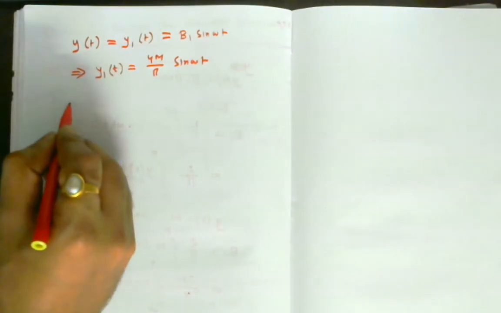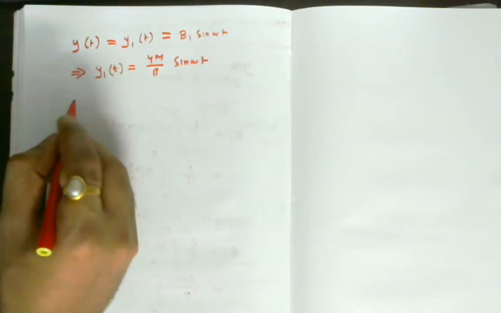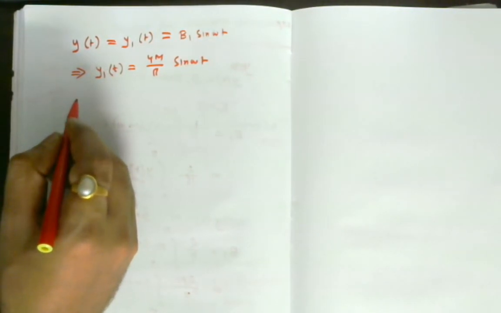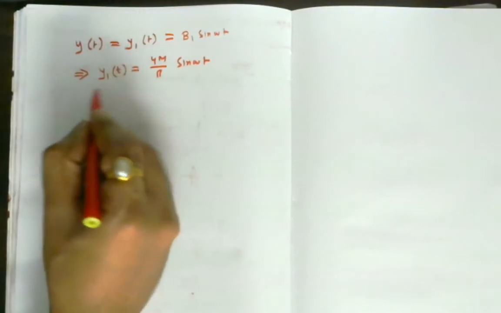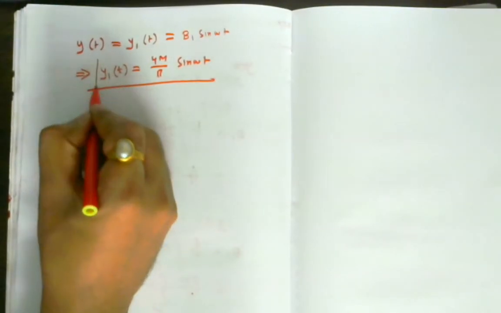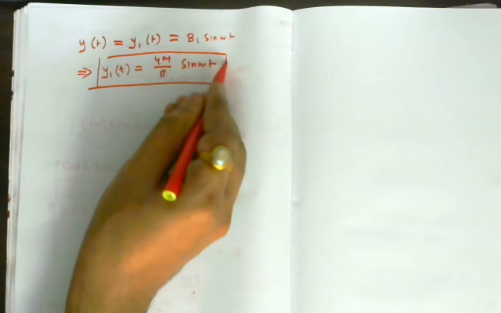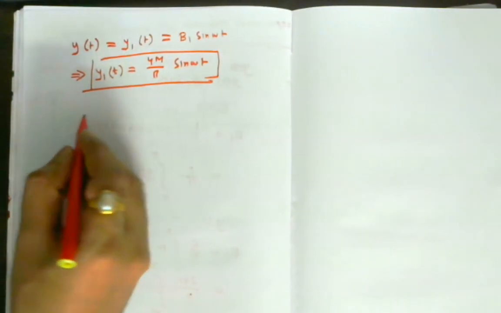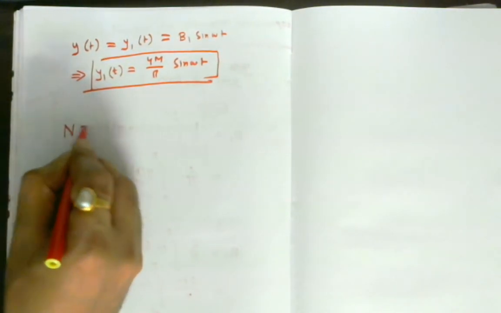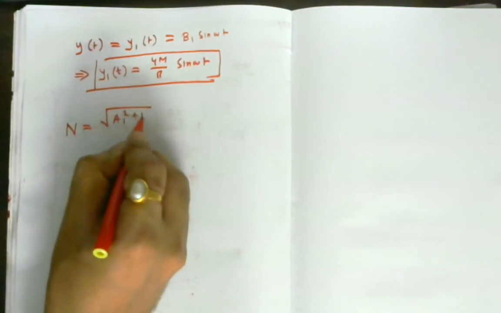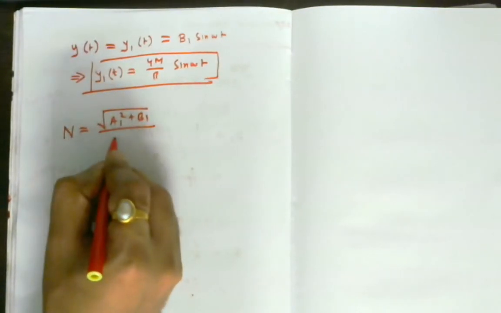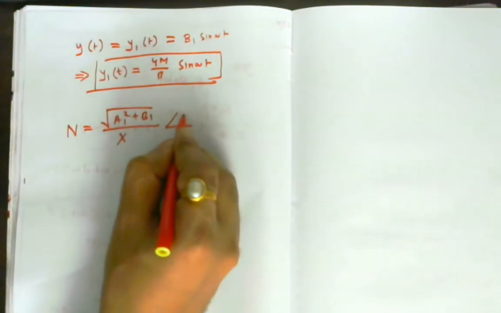So what is the describing function? This is the output waveform, and you know the formula for the describing function N: root over of a1 square plus b1 square by X at the angle of phi.